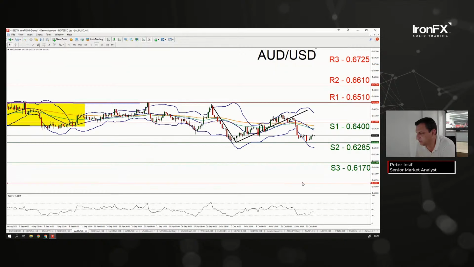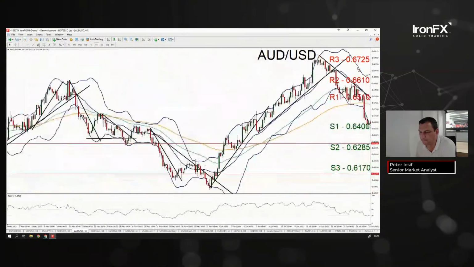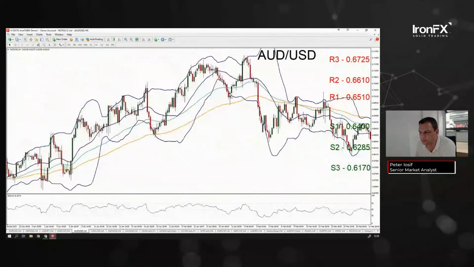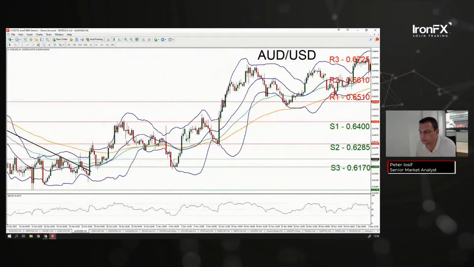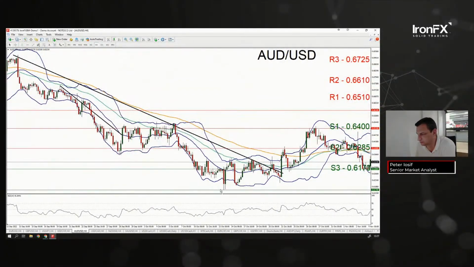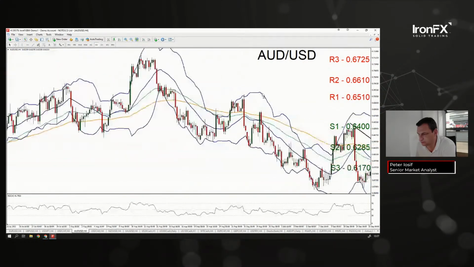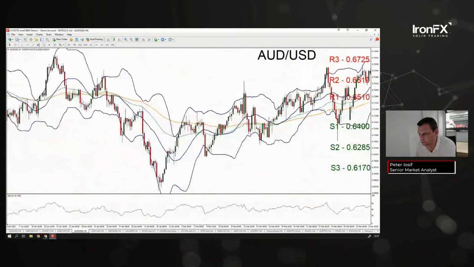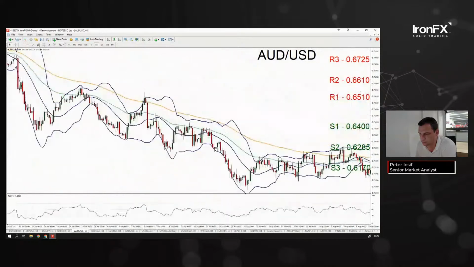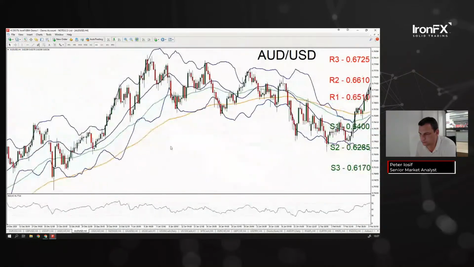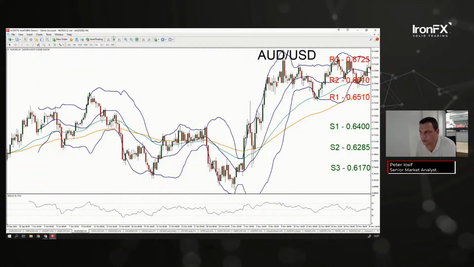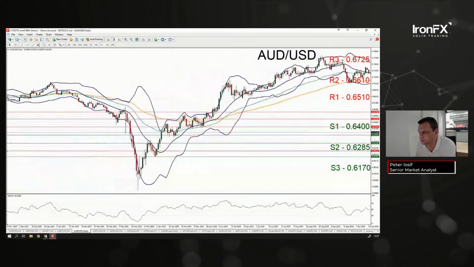Let's go hunting for a new ultimate support line. Daily chart.